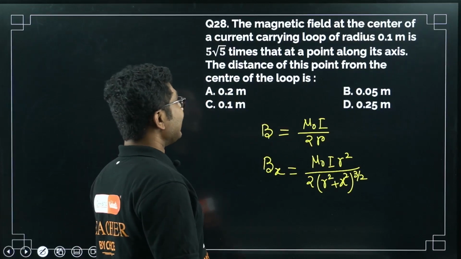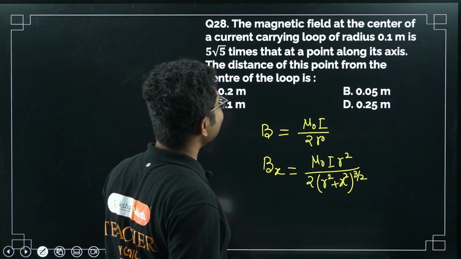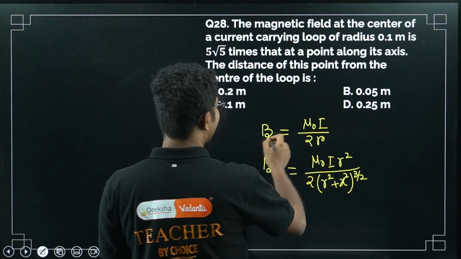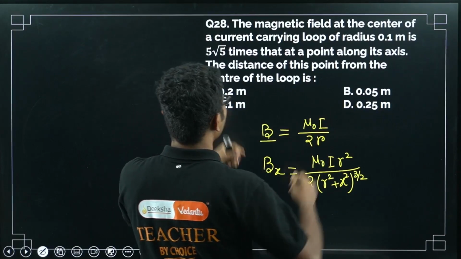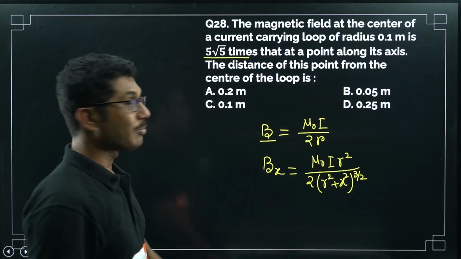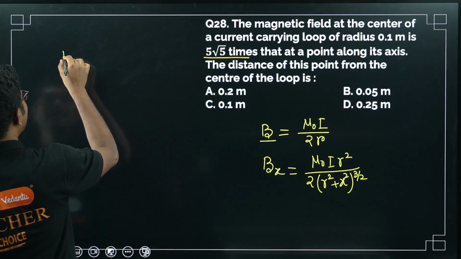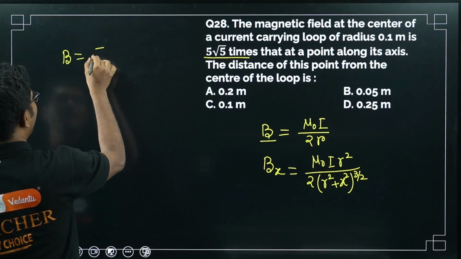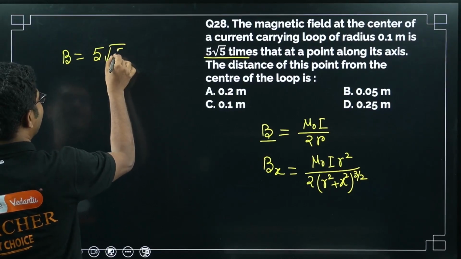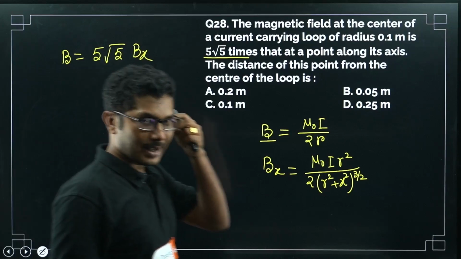Now it says that there is a radius, everything is given, but it says that at the center whatever is the magnetic field, it is 5√5 times that at a point along its axis. So b equals 5√5 times bx, that is given. Obviously at the center it will be the maximum value.